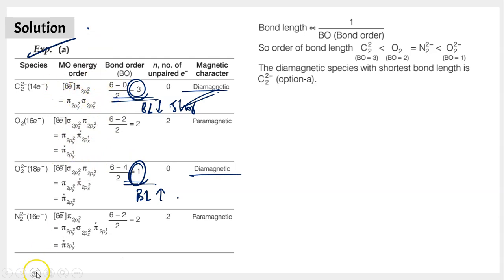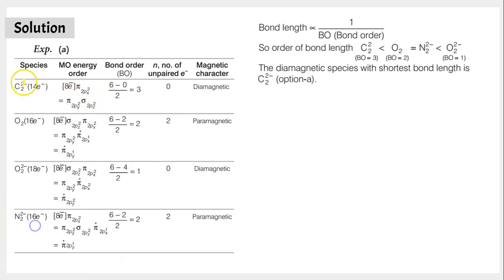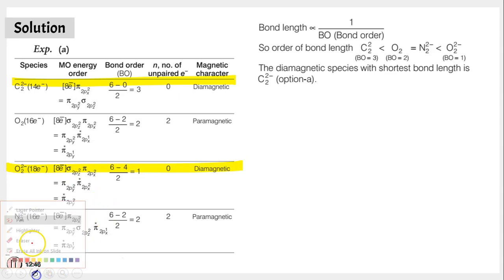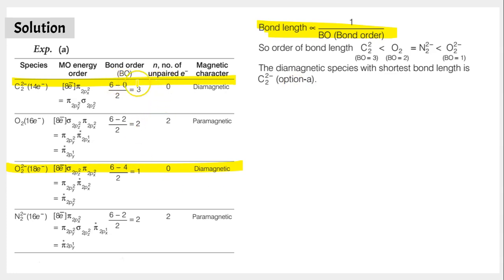And from this we understood that out of the given 4 options, option A and option C have diamagnetic behavior. And then we started observing the molecules which have the shorter bond length. And the relation between the bond length and bond order is inverse. By observing the bond order and by inversing the relation, we can compare the bond lengths as well. So according to the question that's been asked to us, option A is the correct answer.